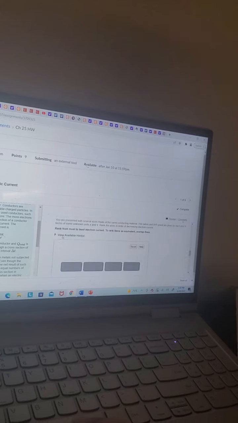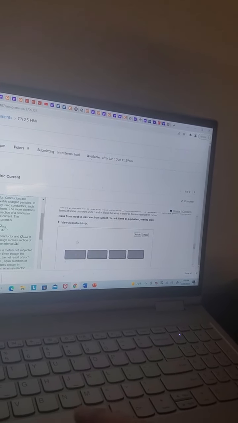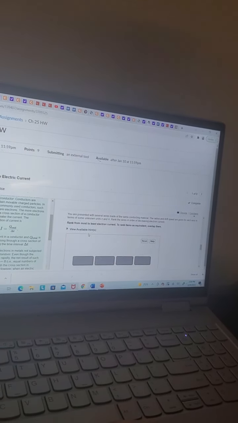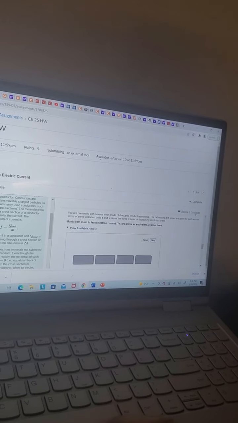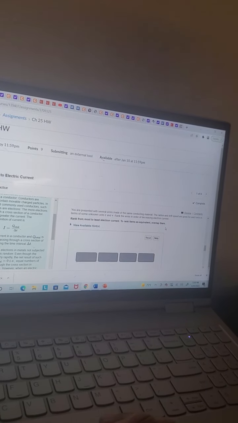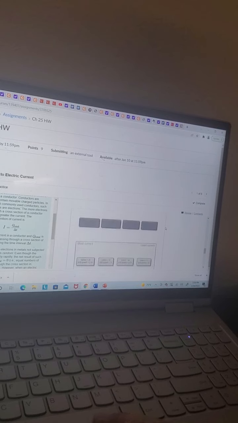All right, Part D. This one we can have a little fun with. It gives us the radius and drift speed for each wire, and a list which is going to go from the most current to the least current.